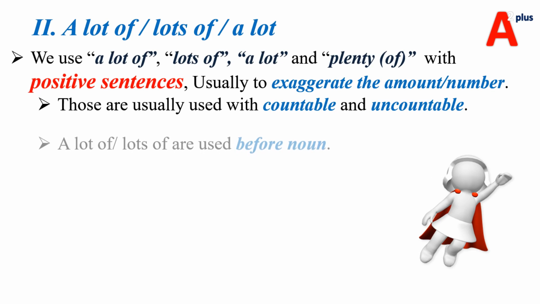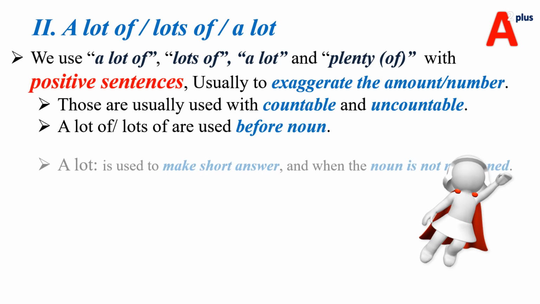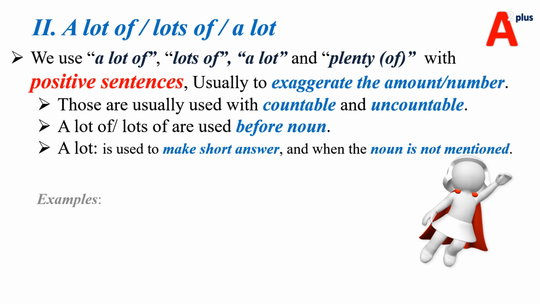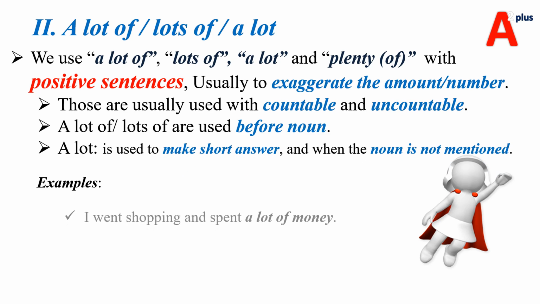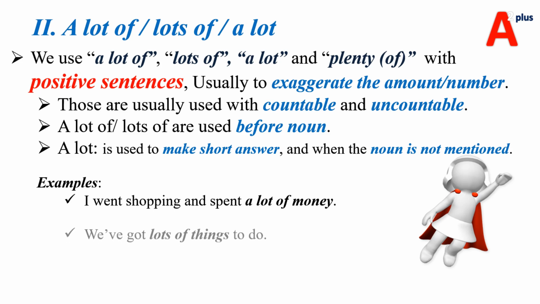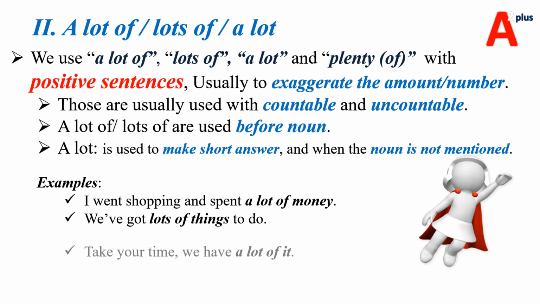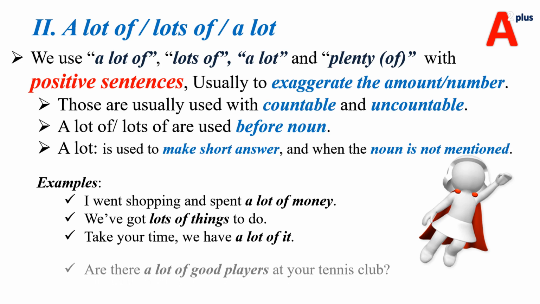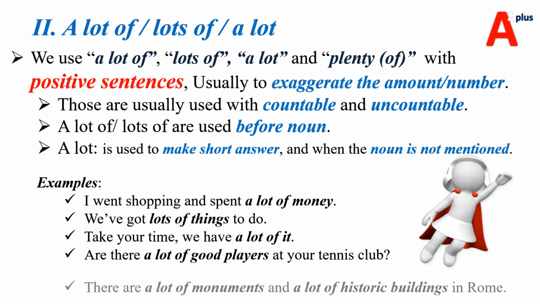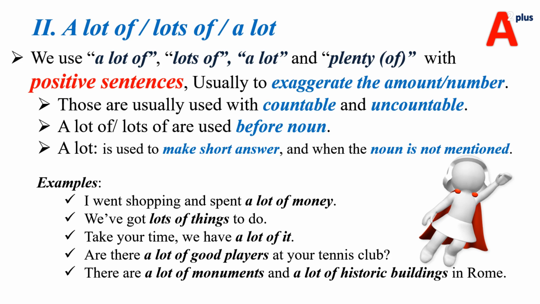How about a lot of, lots of and a lot? We use a lot of, lots of, a lot and plenty of with positive sentence. So much and many are with negative sentence and question, and a lot of is used in positive sentence, usually to exaggerate the amount or number. These are used with both countable and uncountable nouns.